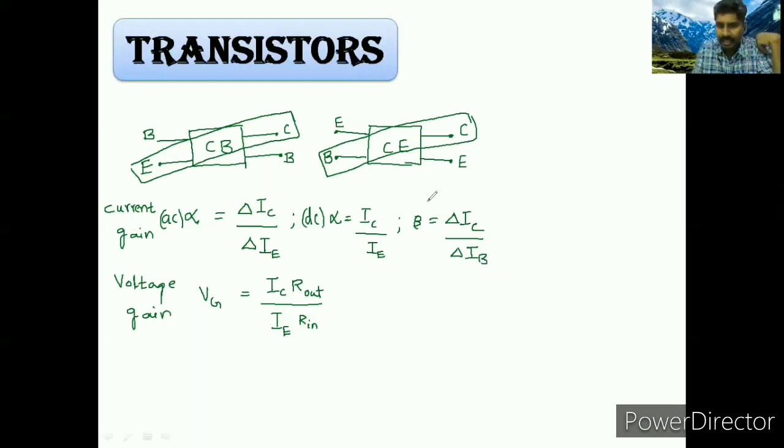Now this is AC; in DC, beta is equal to IC by IB we can write. Now this part over, two slanting lines over in a triangle, two sides over, base is there.